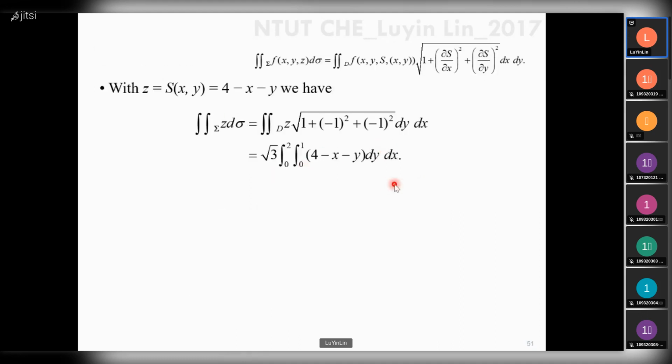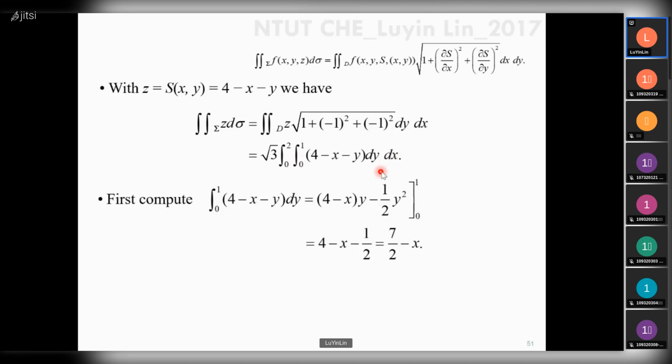Then how to calculate this double integral? You have to calculate it step by step. First, do it using dy, computing the inner integral. You consider x as a constant, since it is dy. So 4 minus x is a constant, and we just put a y here.